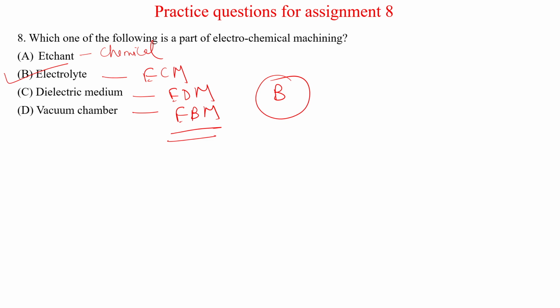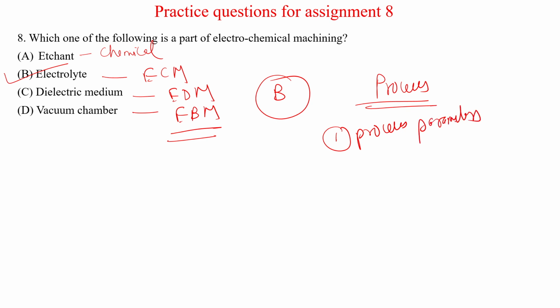Very simple. In every process, you need to remember basic things. What are the process parameters? The size, the velocity, the pressure, and whatever things.